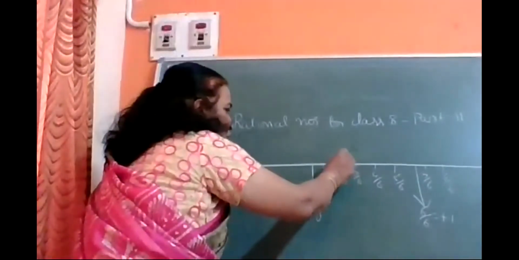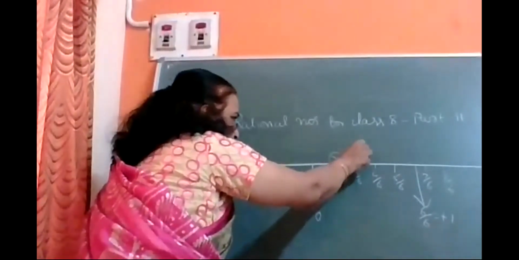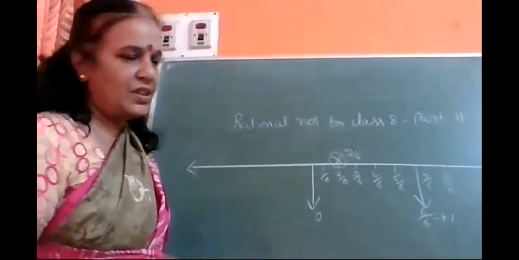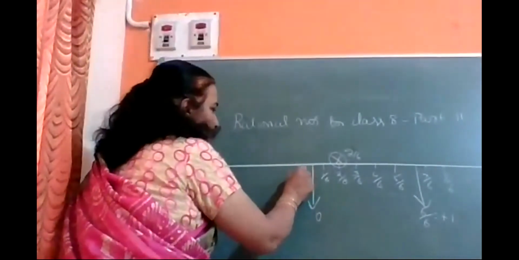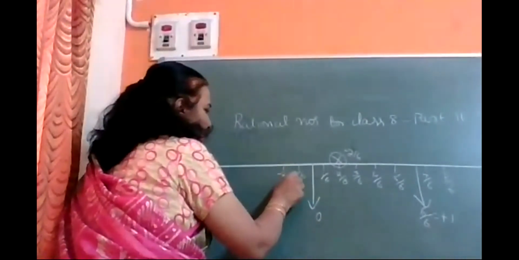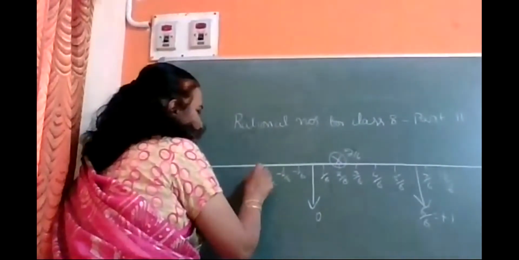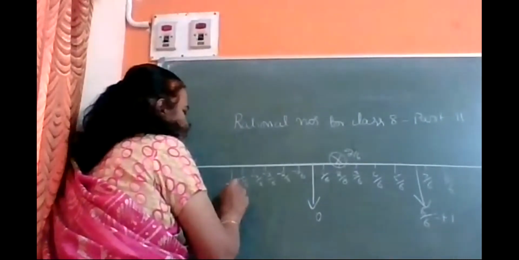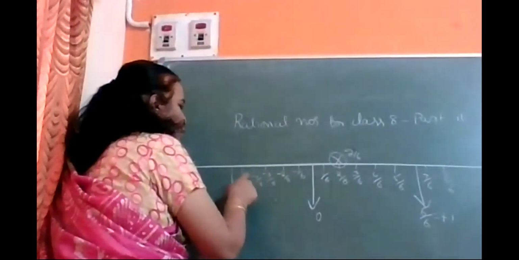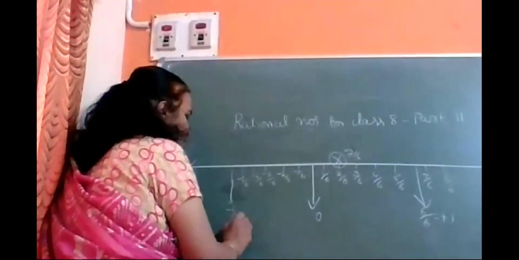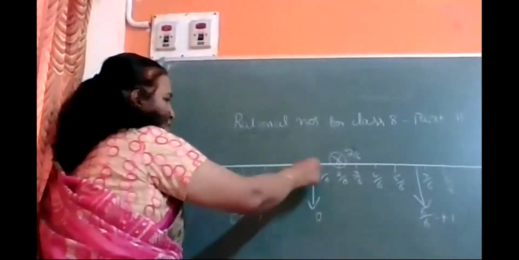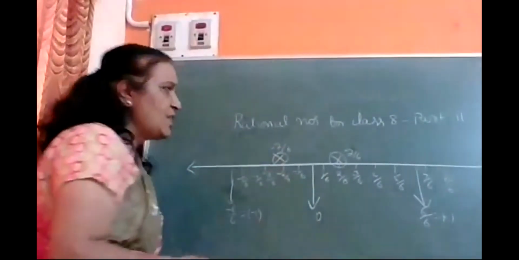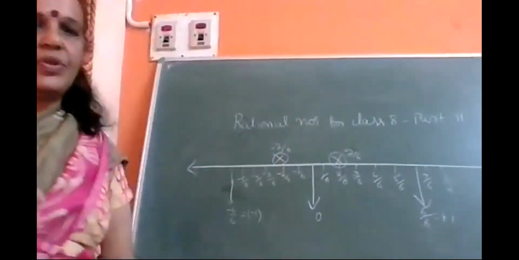And here we have marked 2 by 6. Since it is a rational number, you have to mark both the sides. On this side it is minus 1 by 6, minus 2 by 6, minus 3 by 6, minus 4 by 6, minus 5 by 6, minus 6 by 6, which is minus 1. That is, plus 2 by 6 is on that side and minus 2 by 6 is on the left side.